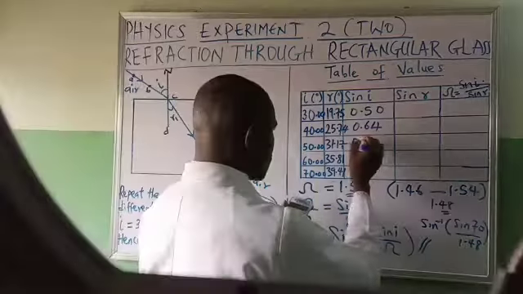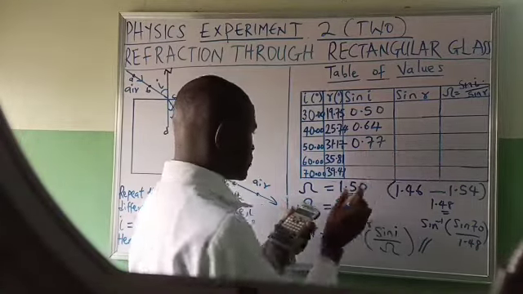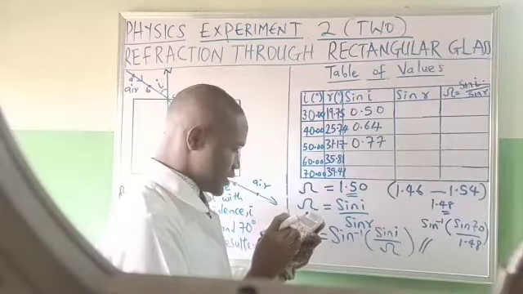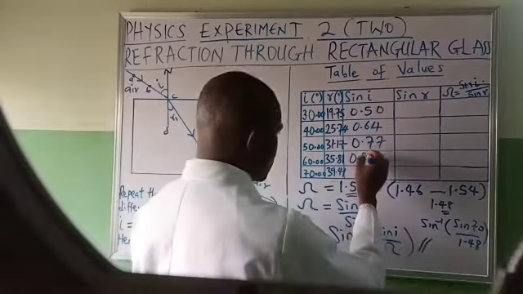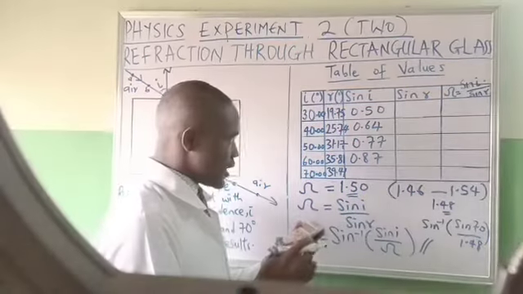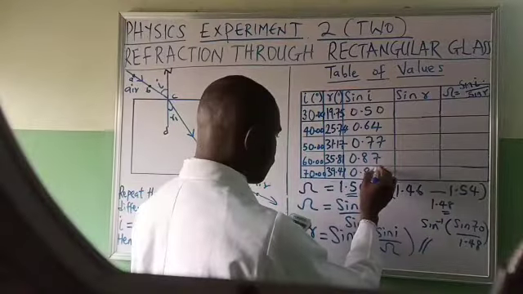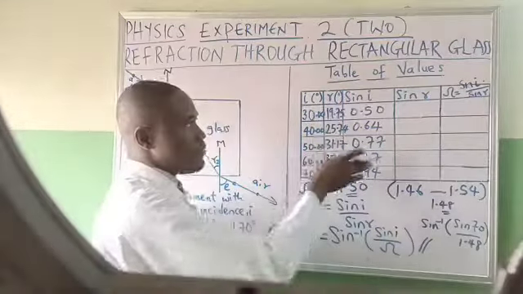Sine 50 is 0.77. Sine 60 is 0.87. Sine 70 is 0.94. We have gotten the table for sine i.